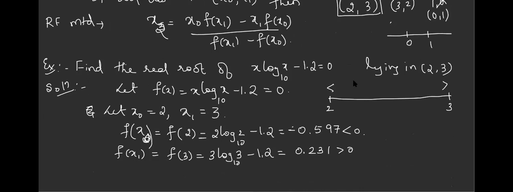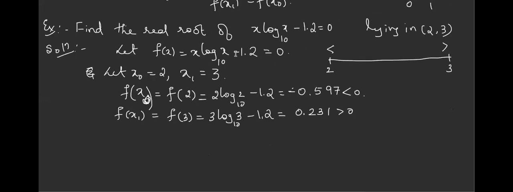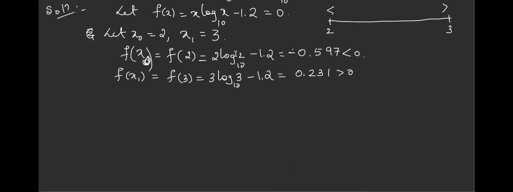Is the property correct? This has to be satisfied. Suppose they have given that it lies in 2, 3, and if this is not satisfied, then you cannot proceed further. If the point is clear, please say yes.